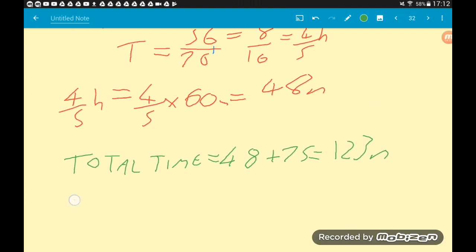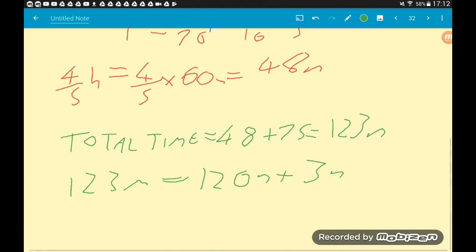So 123 minutes is 120 minutes plus 3 minutes. 120 minutes is 2 hours, and then we've got 3 minutes. Now really, we need to turn the 3 minutes into a decimal of an hour.